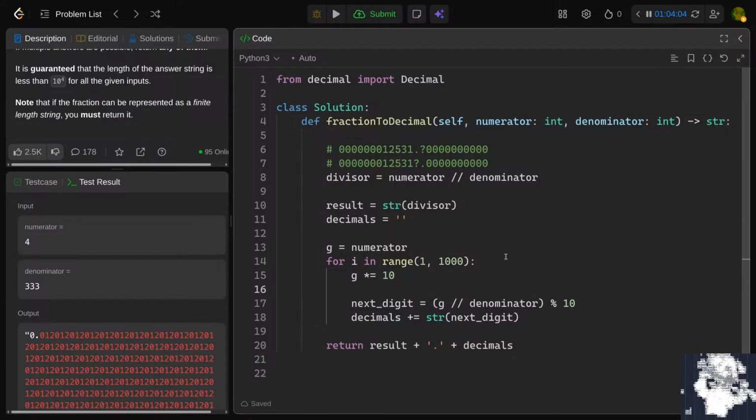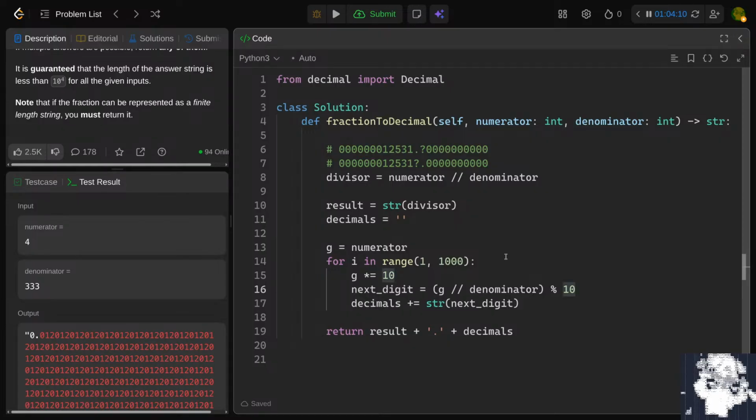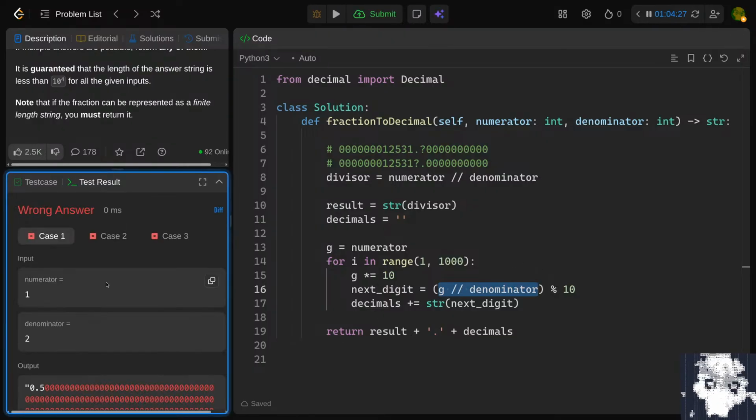So now I'm wondering if we could store this thing somehow. So this gives the same answer, right? I didn't break it.